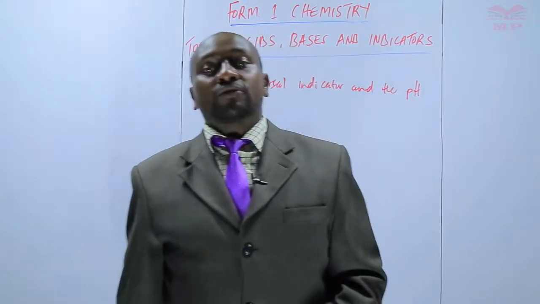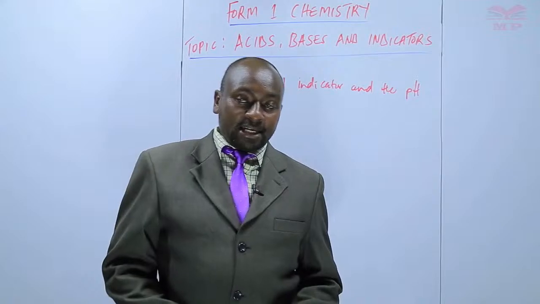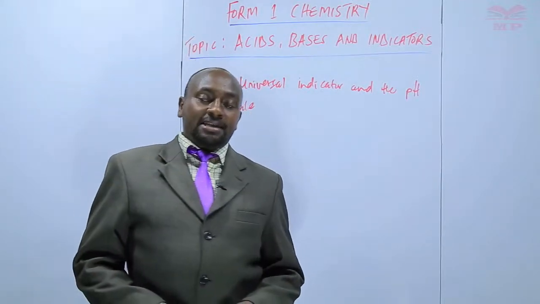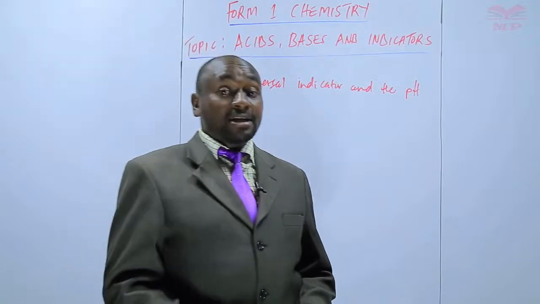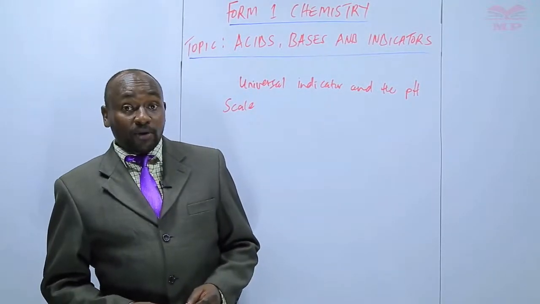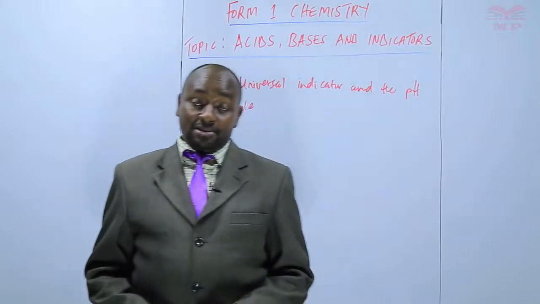It's the only indicator that tells us whether a solution is a strong acid or a weak acid, or whether a solution is a strong base or a weak base.